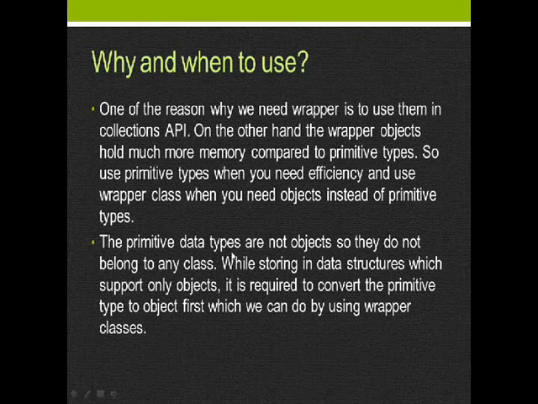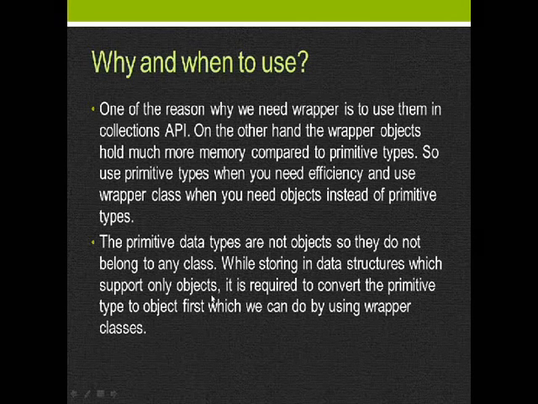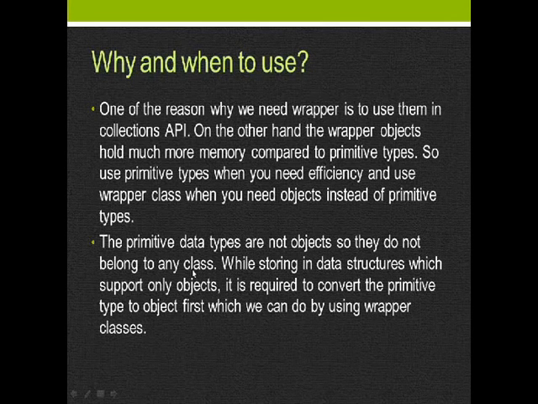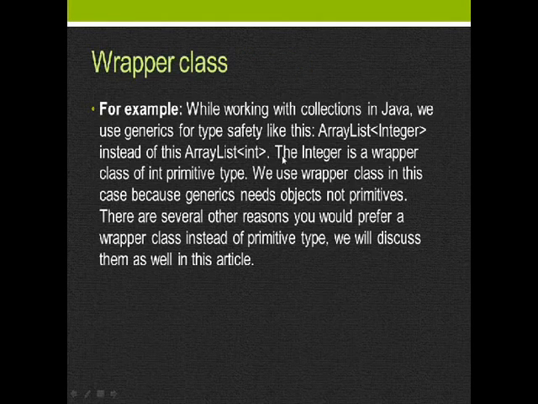The primitive types are not objects, so they do not belong to any class. While storing in data structures which support only objects, it is required to convert the primitive data type to an object first, which we can do by using a wrapper class.